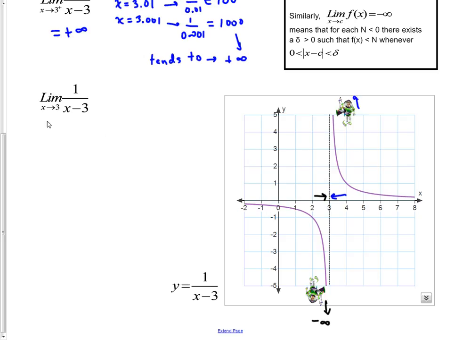So in this particular case, we're saying, well, what would be the limit as x approaches 3 overall? Well, this is the two-sided limit. And what we would have to say at this point is that this two-sided limit does not exist.